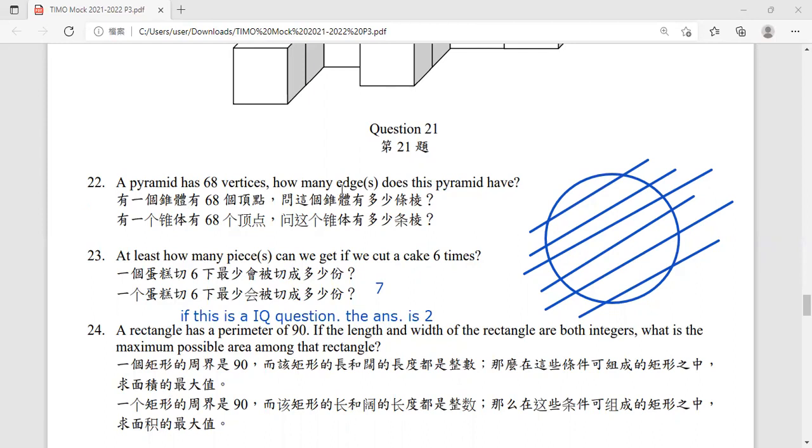Okay, but how many at least now? Then if not at least, at most. At most. How about at most? Yes, at most. Let's try it. I give you some time to try it.